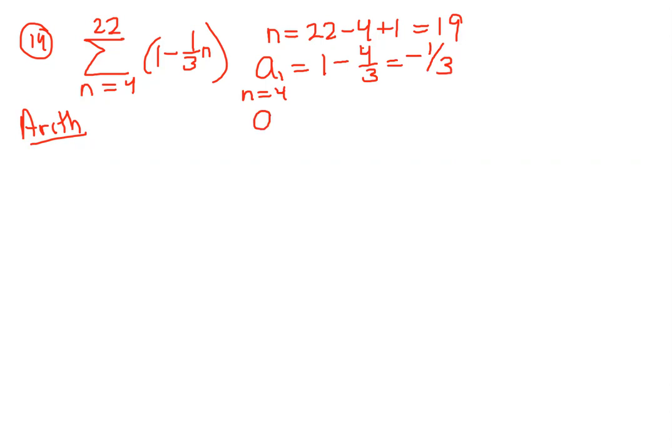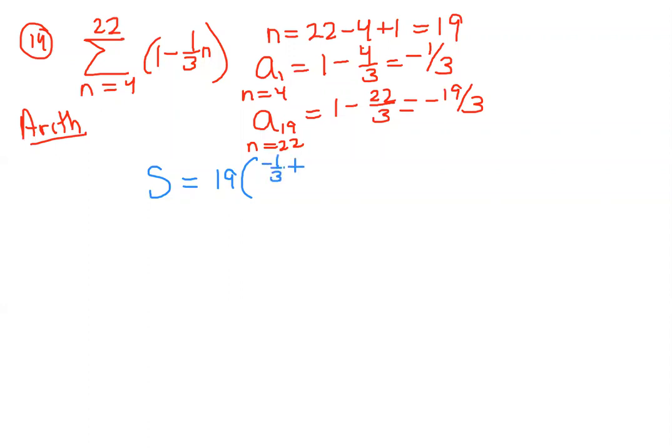And our last term is when N equals 22. So that is this, which is negative 19/3. So our whole sum now is N times our first term plus our last term divided by 2. And when you do all of this, you should get 190 over 6.